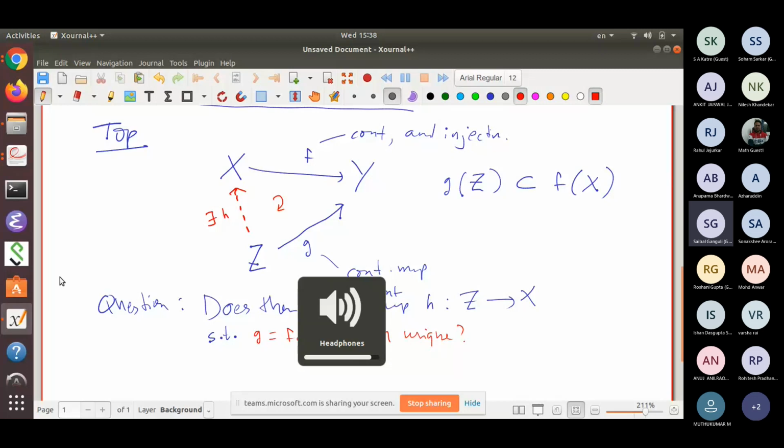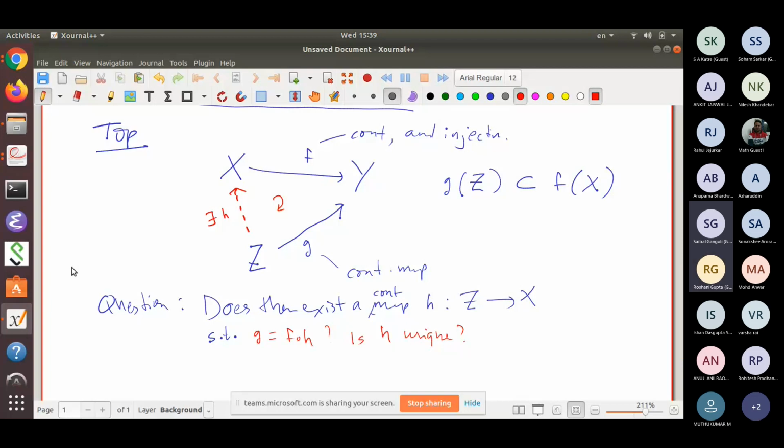Somebody willing to answer whether there is a map H? Have I lost connection, or are you guys on a strike? Can anybody hear me? Yes, sir. Now, does there exist a map H as sets?